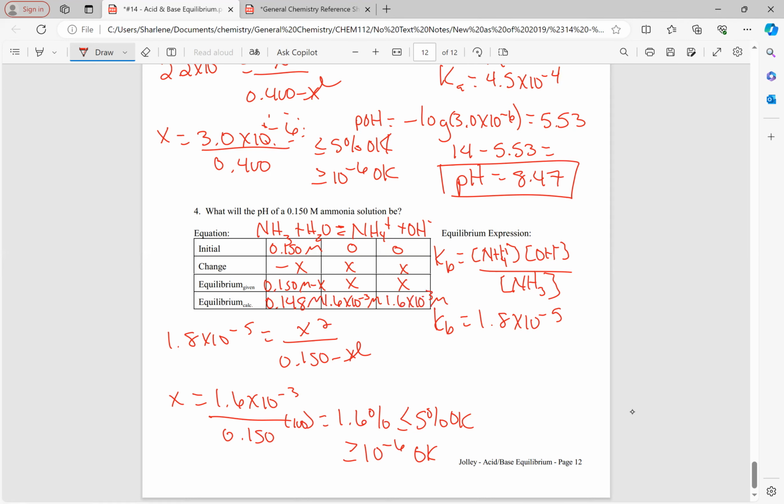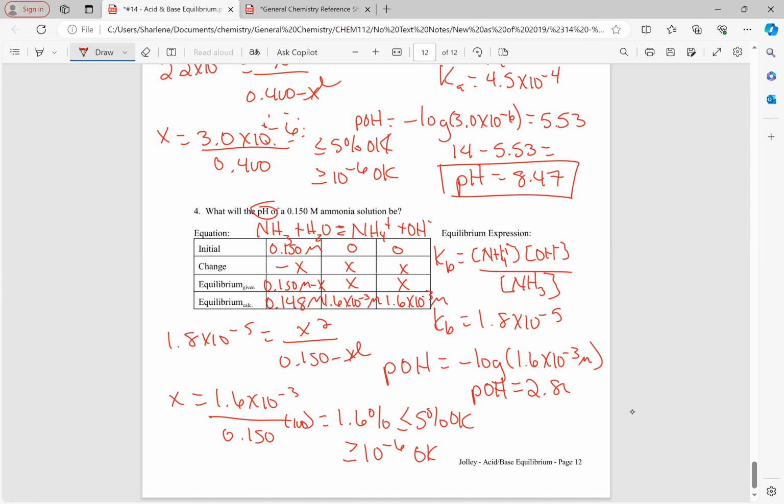And what did I want to know? I wanted to know the pH, but I can't get that yet, but I can get the pOH. And the pOH is 2.80.